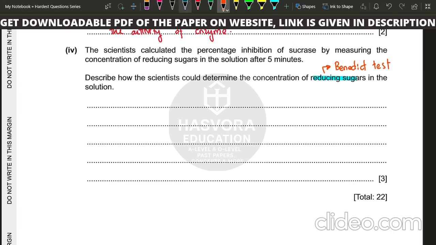Okay, so I'll be writing the same thing. So prepare 5 different known concentrations of reducing sugars, which is 1%.